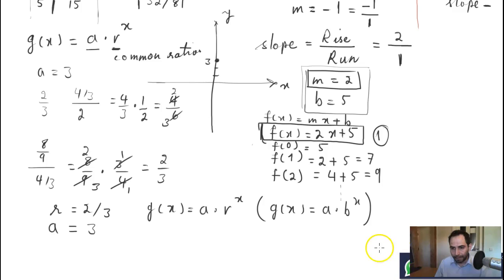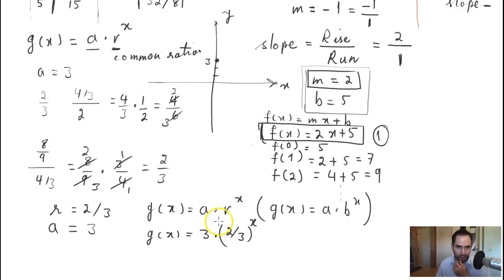So basically now, based on these two pieces of information and the general form of the function, I can write an equation for this function as g of x is equal to 3 times 2/3 raised to the x power.